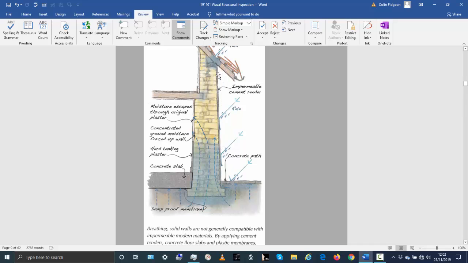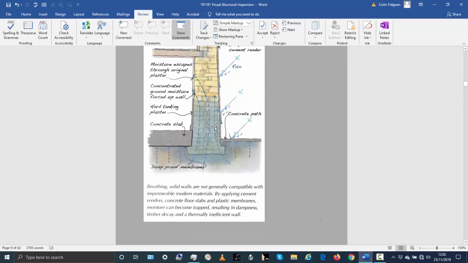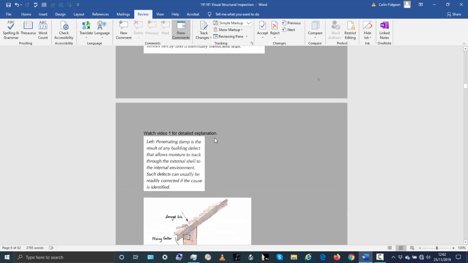So that's the problem that's often caused by the addition of an impermeable cement render on a stone wall. And it's important for you to realize that, because someone has put a cement render on your building and it may cause problems. So that's just a bit of background information.